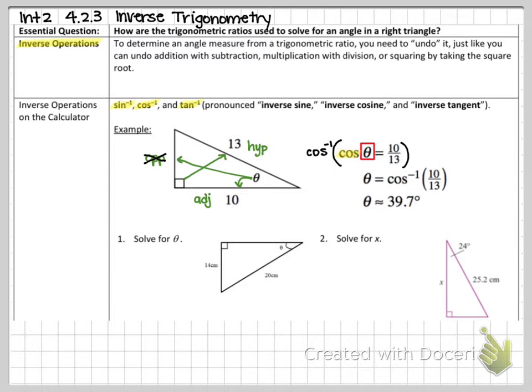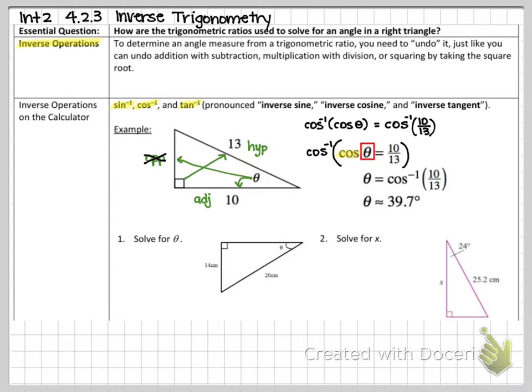By applying it to just the left-hand side, we would get cosine inverse of cosine of theta is equal to, and again applying it to both sides, cosine inverse of 10 over 13.